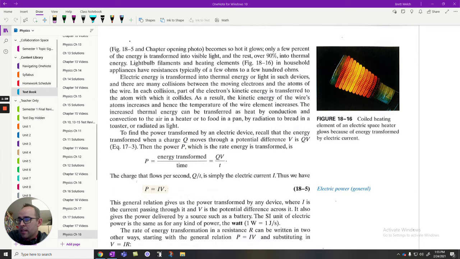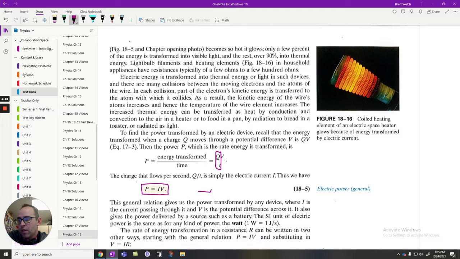In this, Q over T is the definition for current. The standard formula we use for power in electric circuits is that power is equal to the current times the voltage consumed.